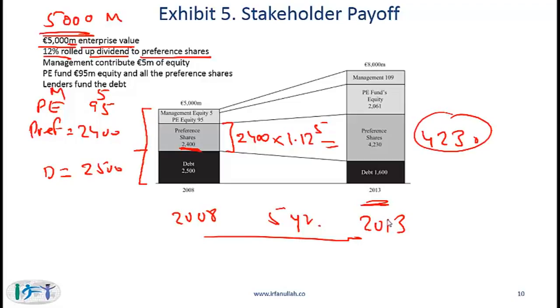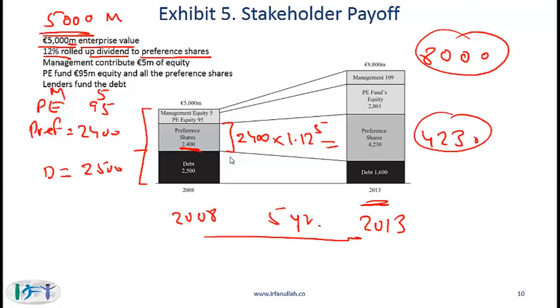So we move forward 5 years now, and let's say that the enterprise value at the end of 5 years is 8,000. If the enterprise value is 8,000, let us look at the various components. If you recall, one way that private equity firms create value is by paying off the debt.